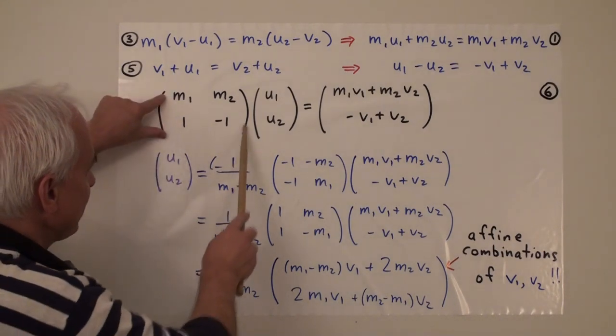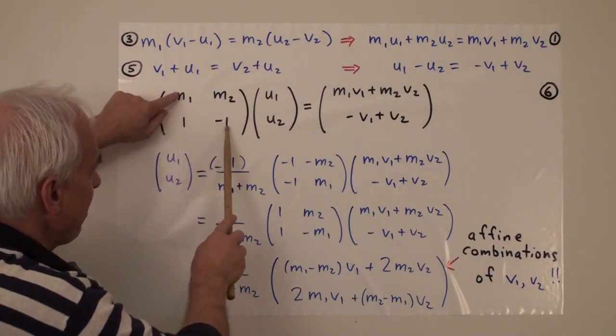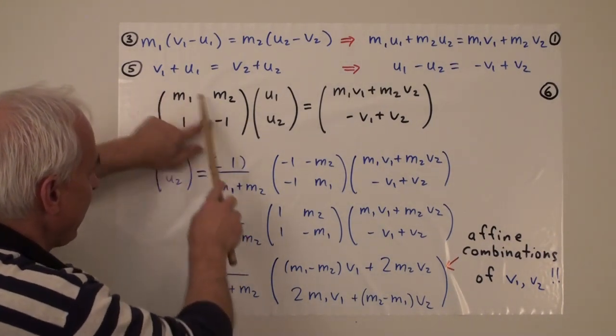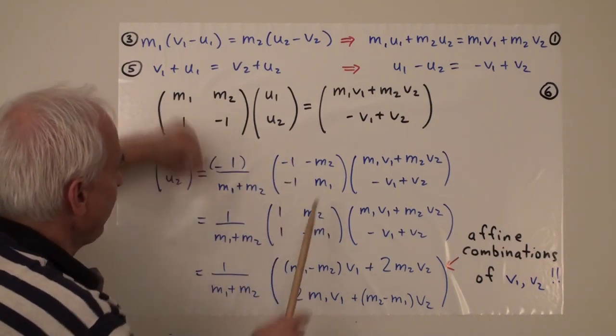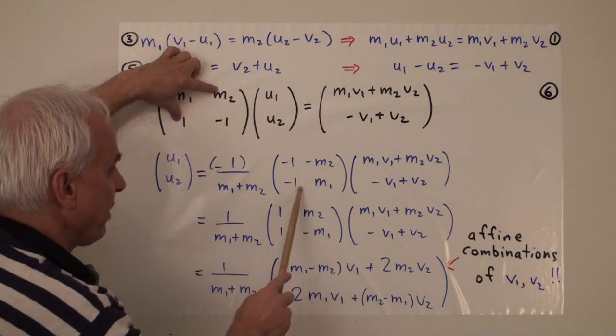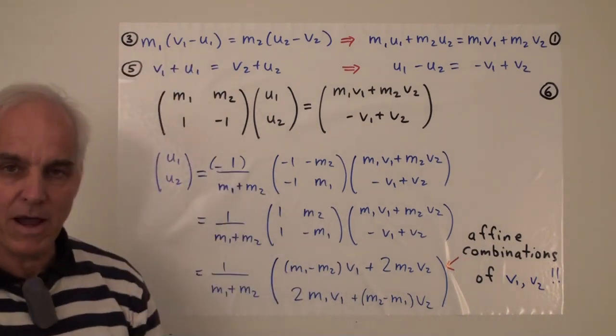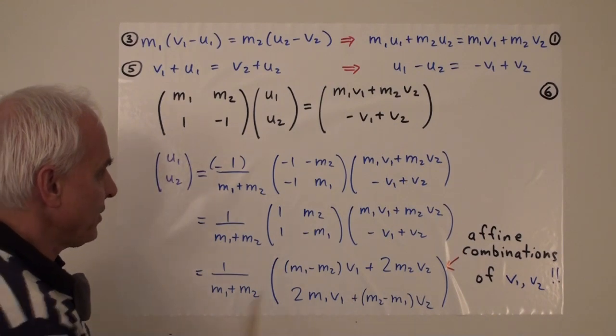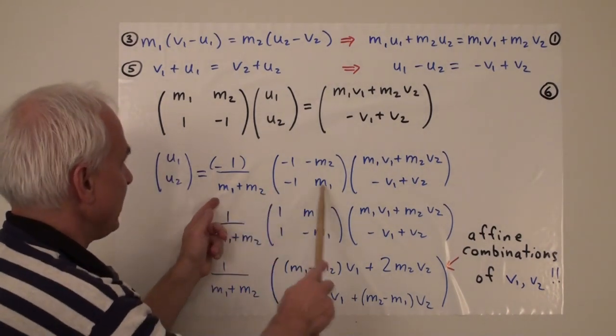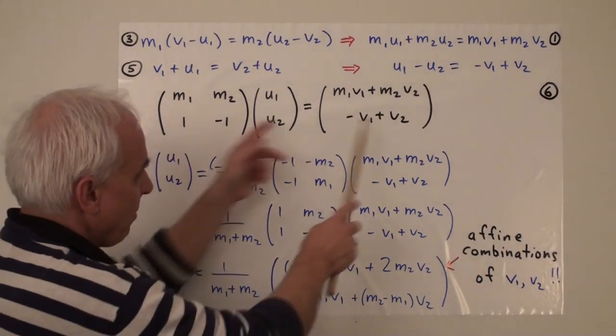And then what happens to this when we invert it? Well, we have to change the diagonal elements. So that becomes minus 1 there and m1 there. And the off diagonal elements, you may recall, are multiplied by minus 1. So that's the inverse.